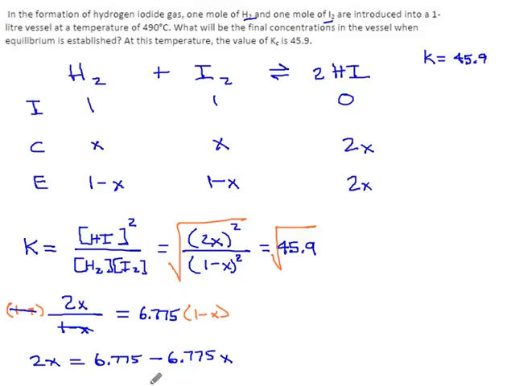Now, if we segregate this, if we get all our x's to one side and all our plain old numbers to the other, we take this 6.775 over to the left and we end up with 8.775x, right? The 2 that were there originally plus 6.775 more that just arrived. And that equals 6.775. And then we divide both sides by 8.775. And we get 0.772.